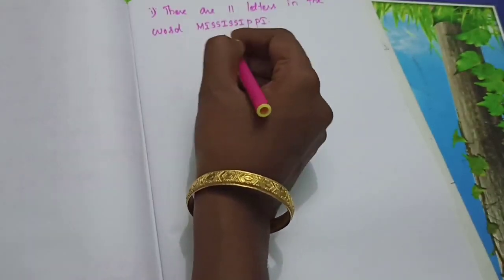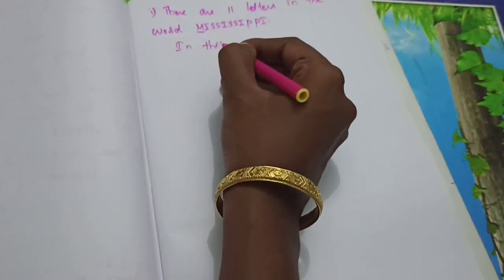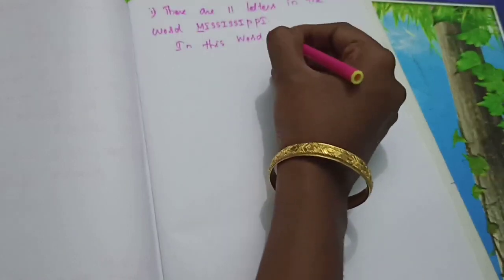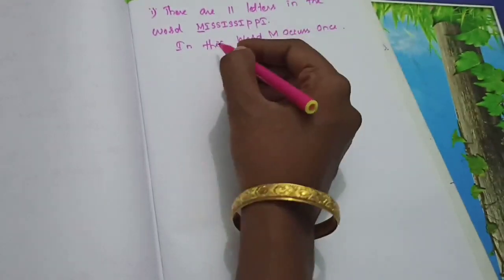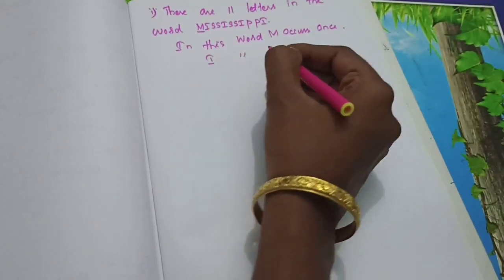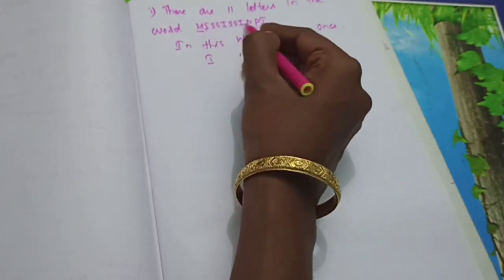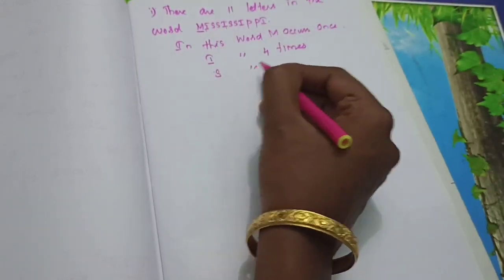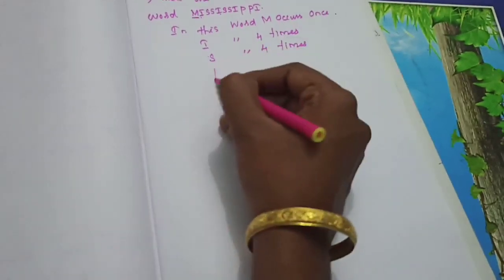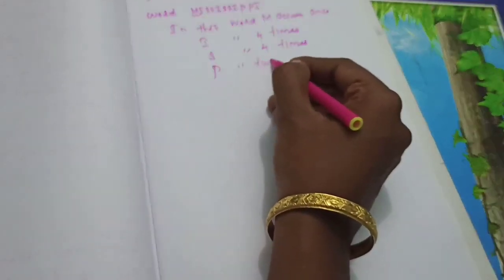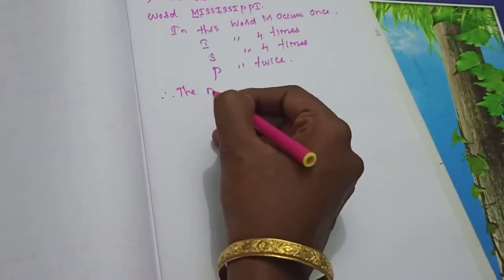So in the word, M occurs how many times? M occurs once. Is it right? Then I occurs how many times? 4 times. Correct? 1, 2, 3, 4. Then S occurs how many times? 4 times. Correct? Then P occurs how many times? Twice. Okay. So therefore the number of permutations.